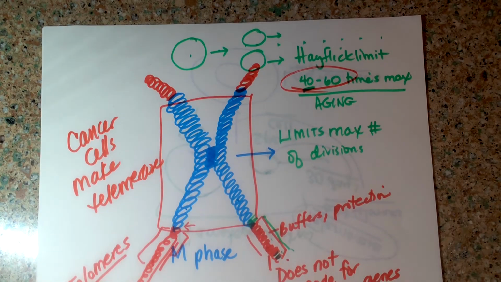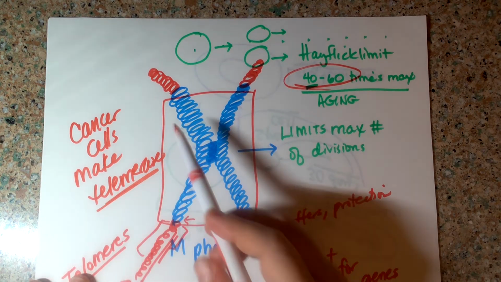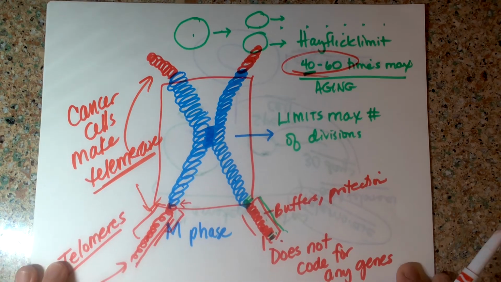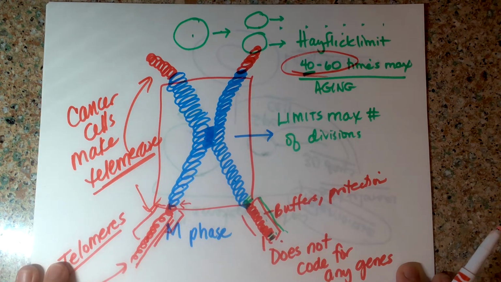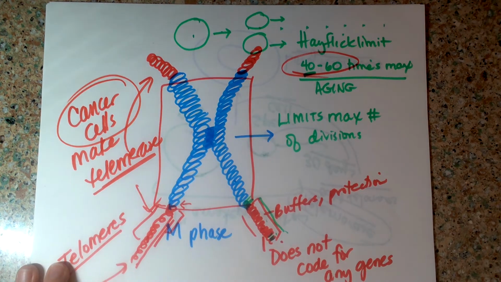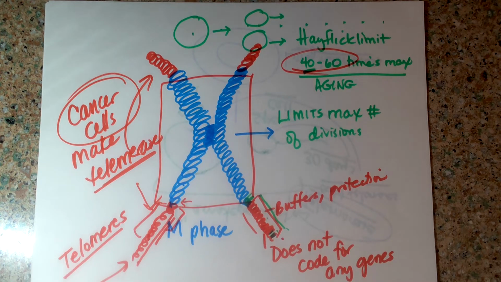So they can add to their chromosomes so that they never have to stop dividing. And so potentially the answer to aging could be in these cancer cells. So we're now going to spend a little bit of time talking about what happens with cancer cells, how it happens, and how we treat it.